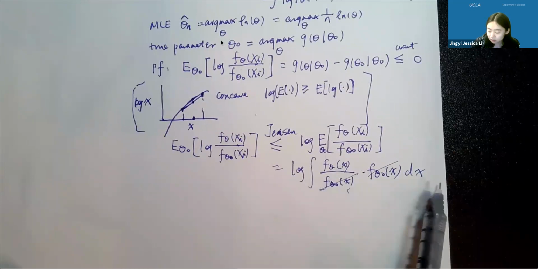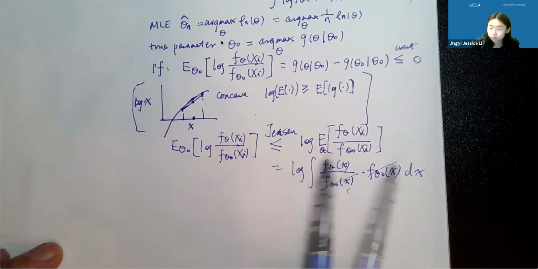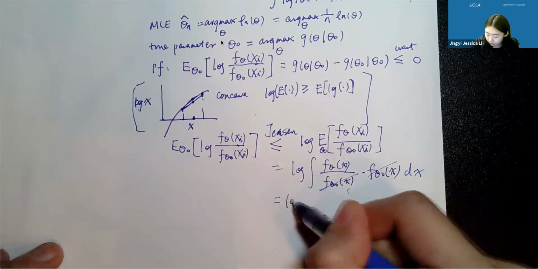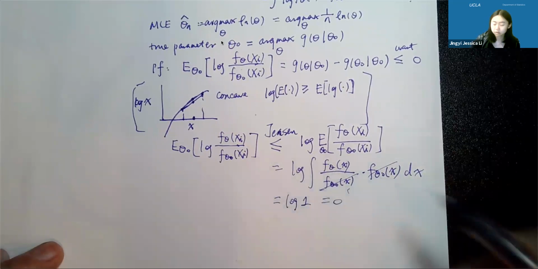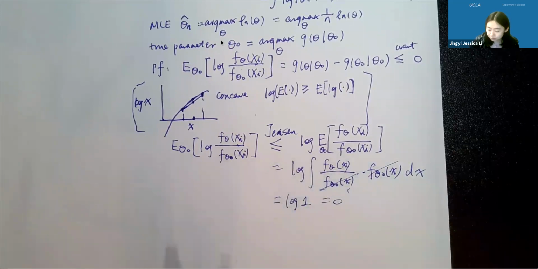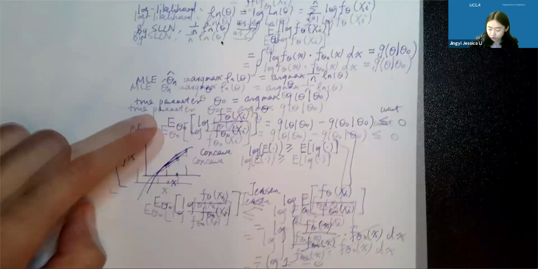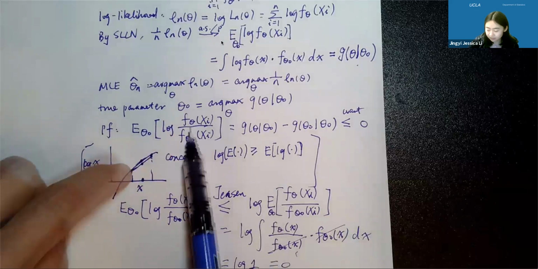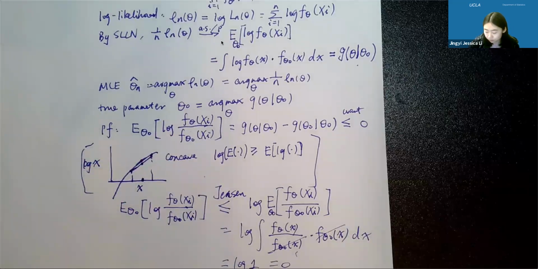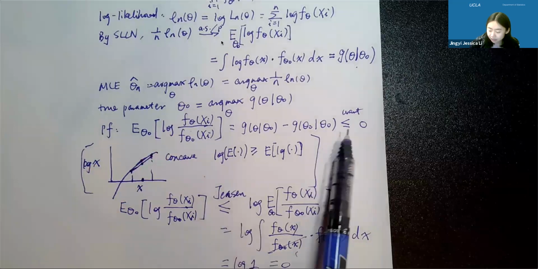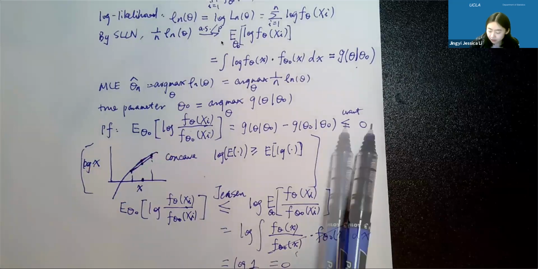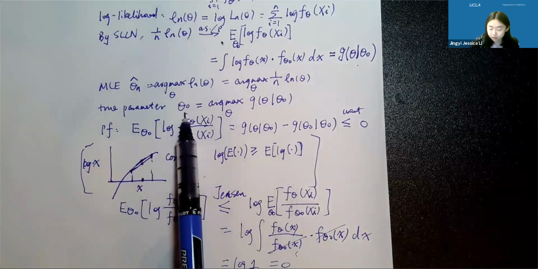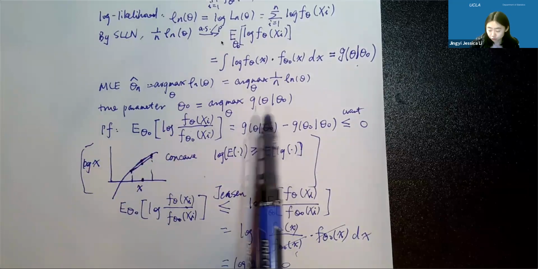So when I do the integration over x, I will have a value of 1 for this integral. The log of 1 gives me 0. So you see, immediately I prove that the expectation of this log density ratio, or likelihood ratio, both will work, is non-positive. Therefore, it immediately shows that theta 0, the true parameter, maximizes this G function.